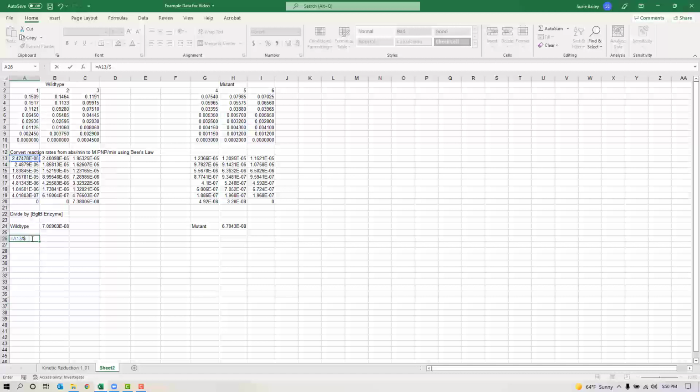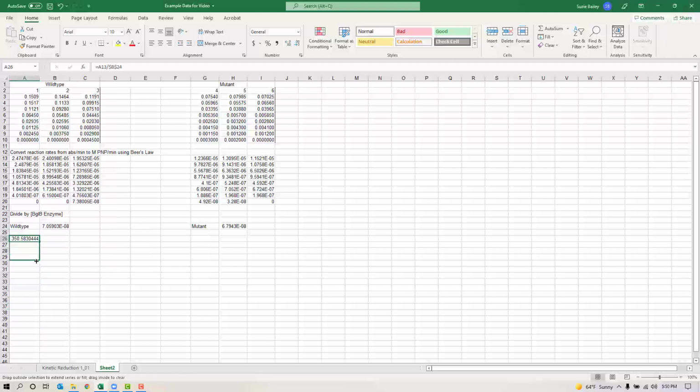So $B$24, and now Excel knows, okay, whatever number is in here, that is what I'm dividing this cell by. So click enter. And here is my reaction rate now normalized to the enzyme concentration of the wild type.